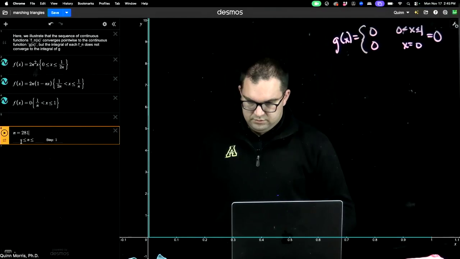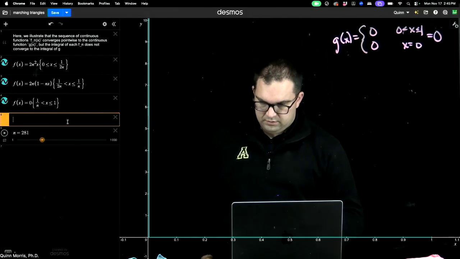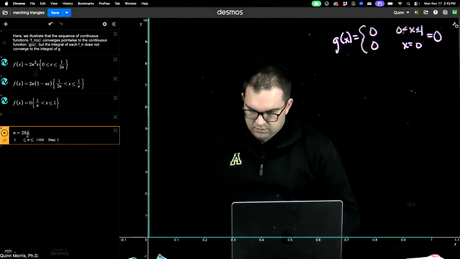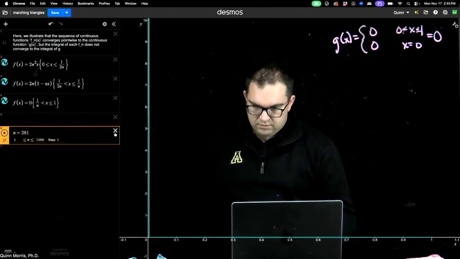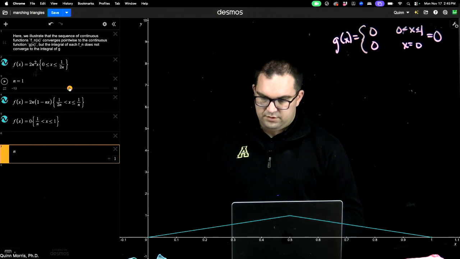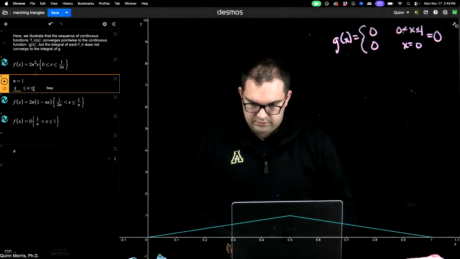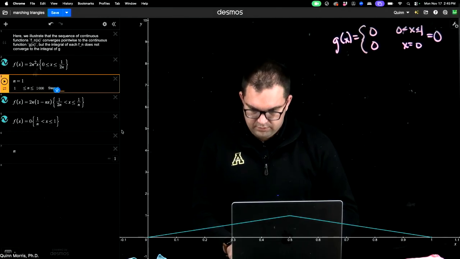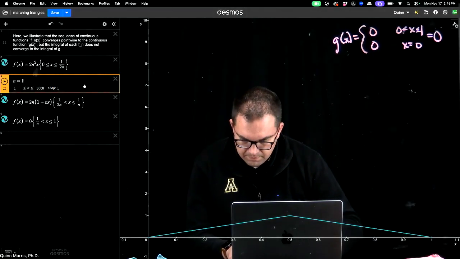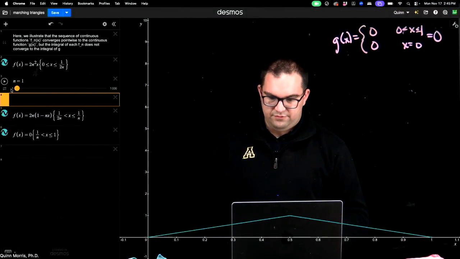We'll add a slider. There we go. So if I adjust this, it feels like, how can these be going to 0?